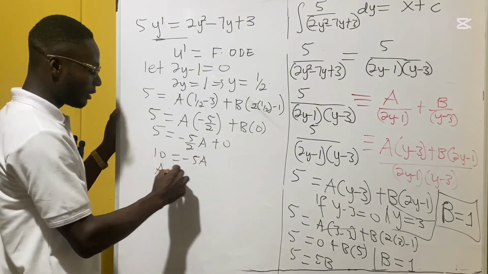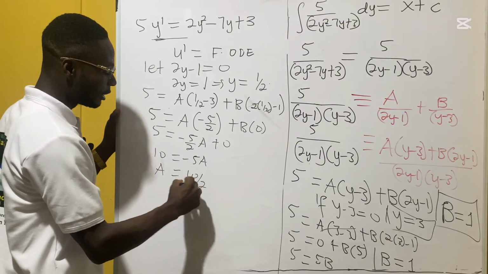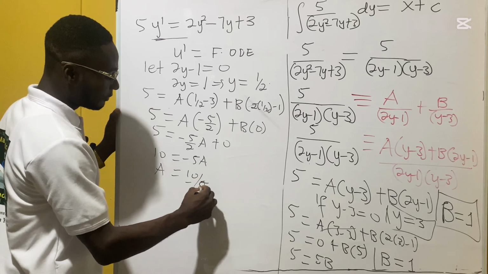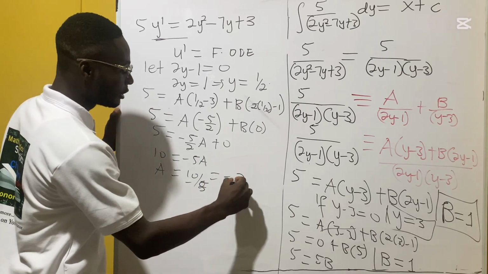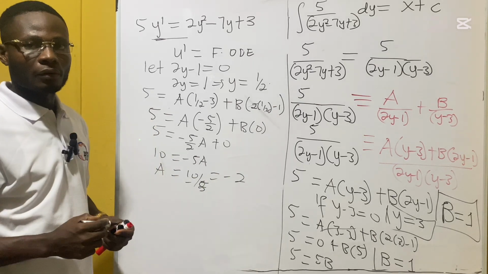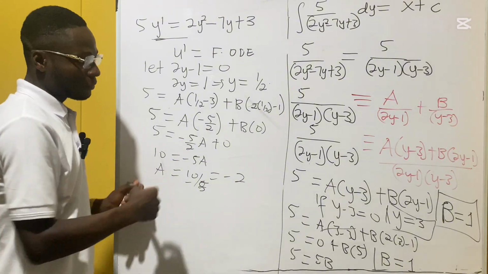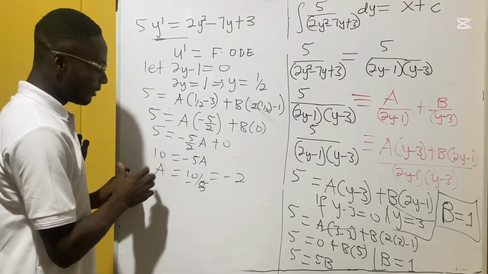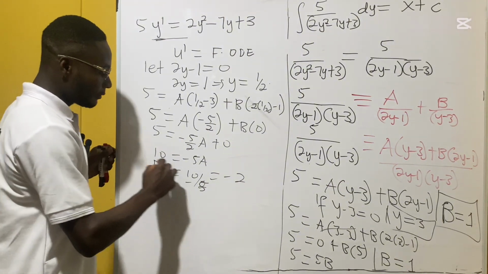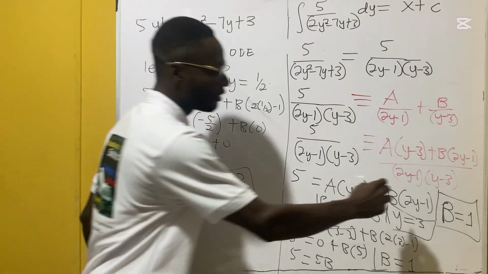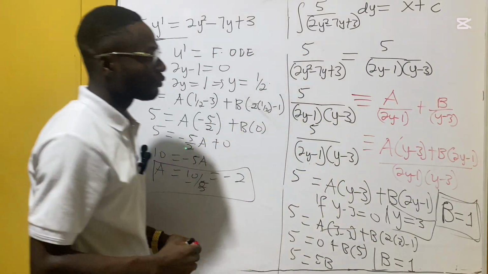So we can say that our a is 10 on negative 5, and that is equal to negative 2, right? So now we have the value for a and we have the value for b.